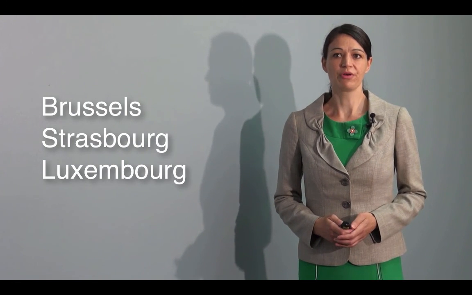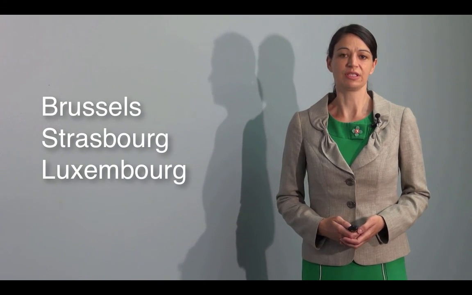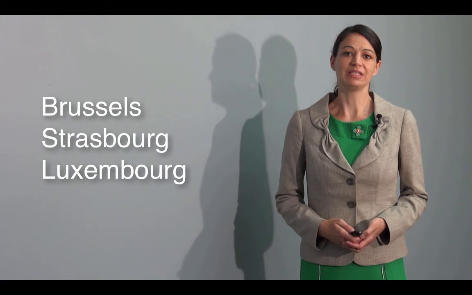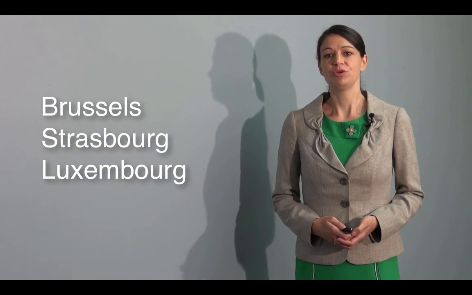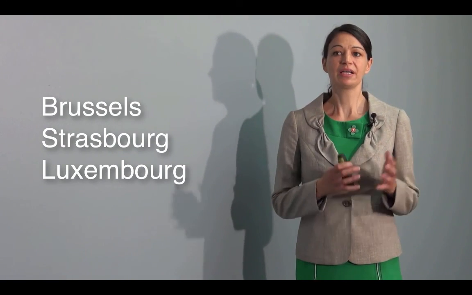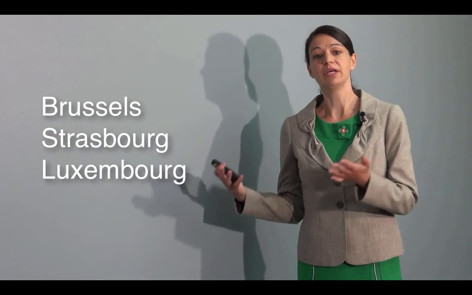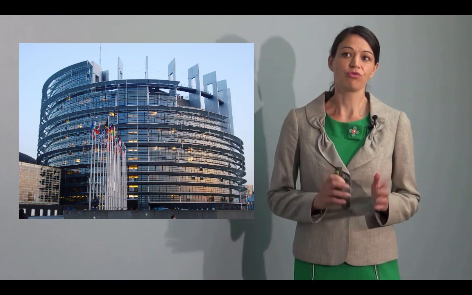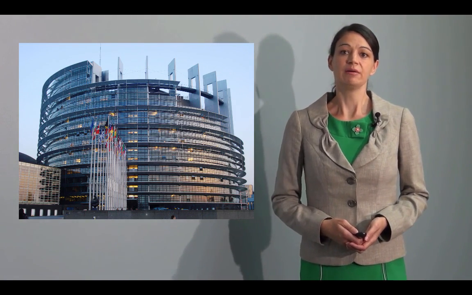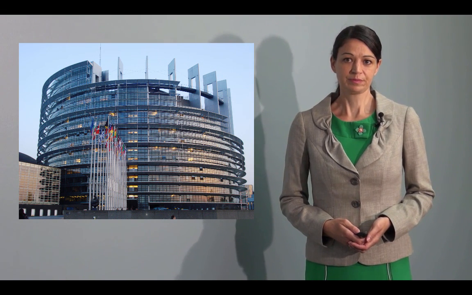Roughly once a month, a massive traveling circus takes place, with all MEPs, their assistants, and European parliamentary staff packing their documents in Brussels and migrating to Strasbourg for about 3.5 days of plenary and other discussions.